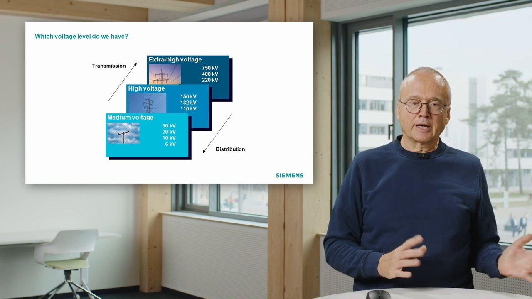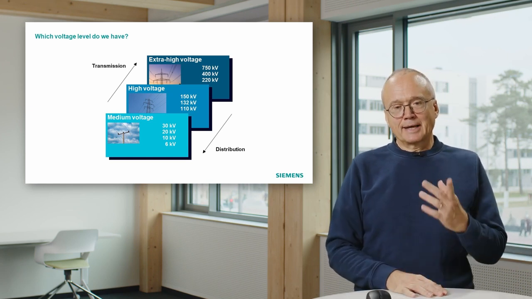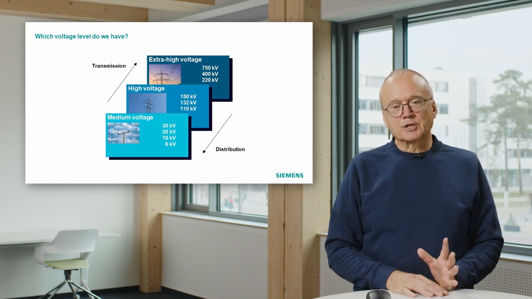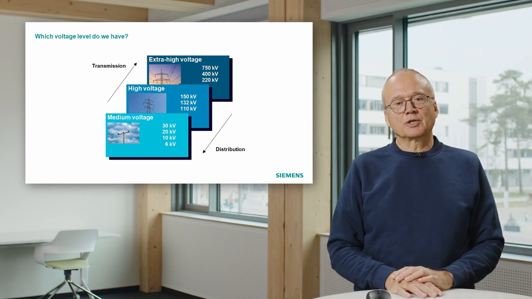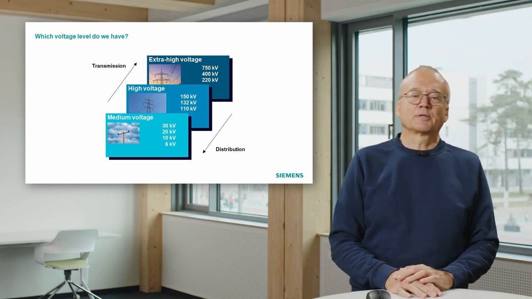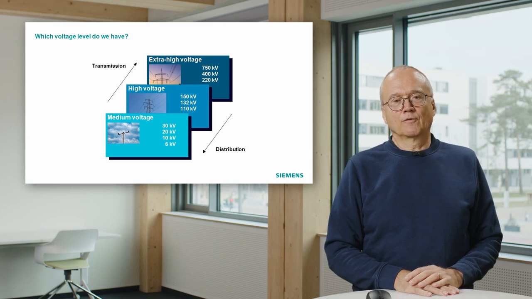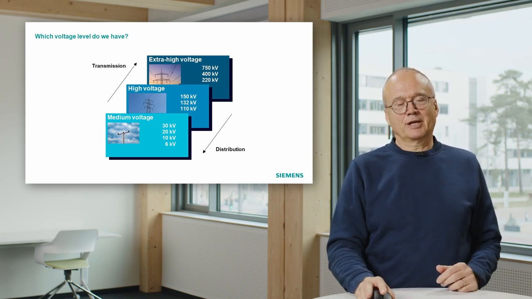These are often cable systems, but it can also be overhead lines like shown in these pictures. And the voltage levels we cover here with this technology starts typically from 6 kilovolt up to, for instance, 30 kilovolts in the medium voltage level. That are the voltage levels.